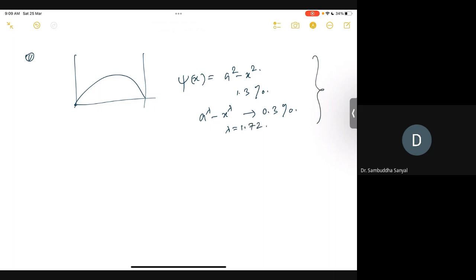Okay, so even though it is an approximate estimation, the actual wave function is root 2 by a times sin n pi x by a, from 0 to a. You can check the overlap between the actual wave function and the trial wave function psi naught tilde.